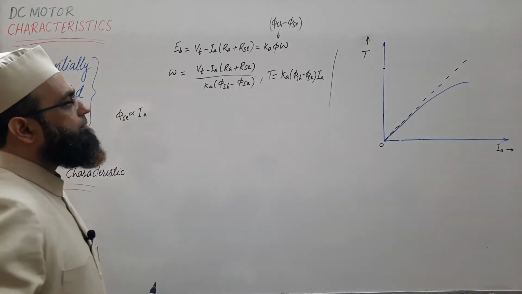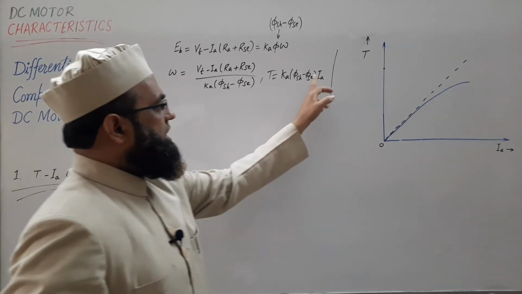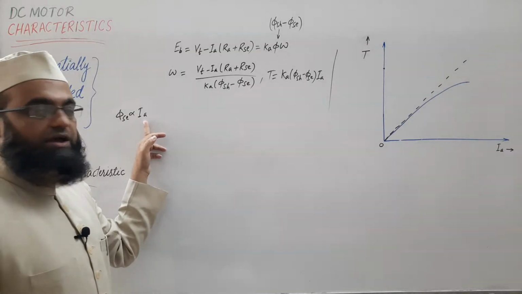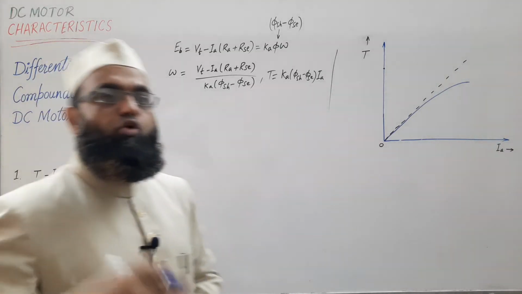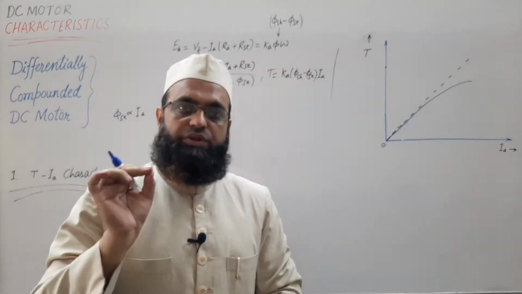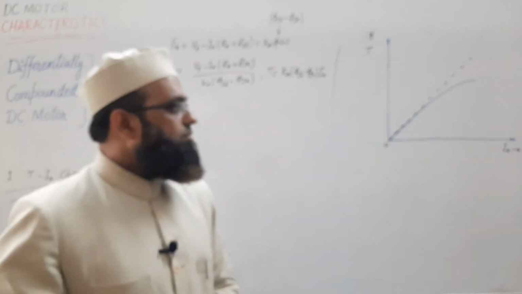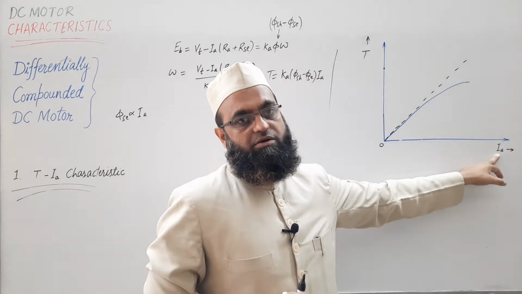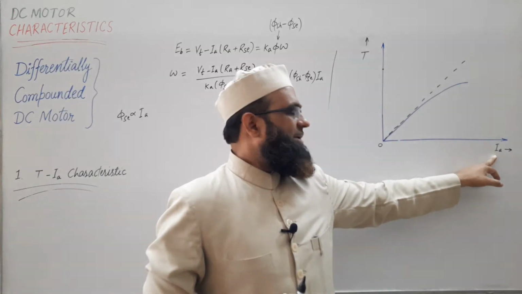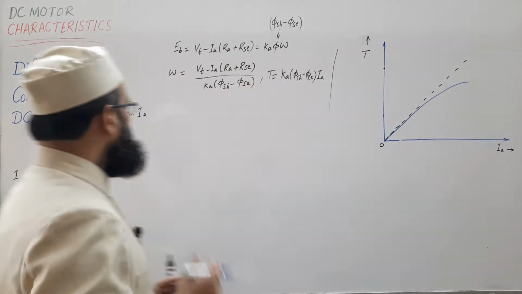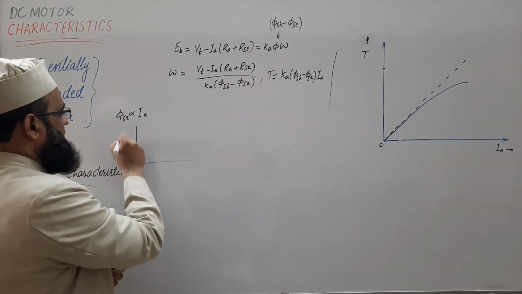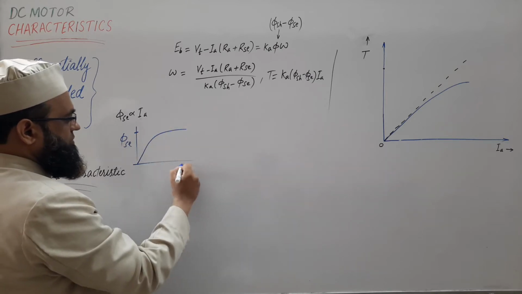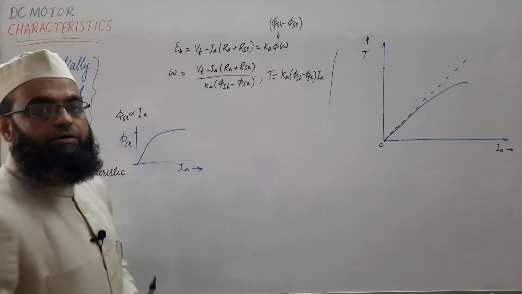So for that case, even though phi SE is increasing with increasing IA, it can't be more than its saturated value. Please note this point. Whatever the value of IA will be there, large, very large, the value of phi SE can't be more than its saturated value. Fine.